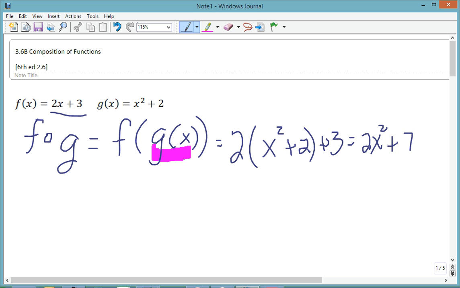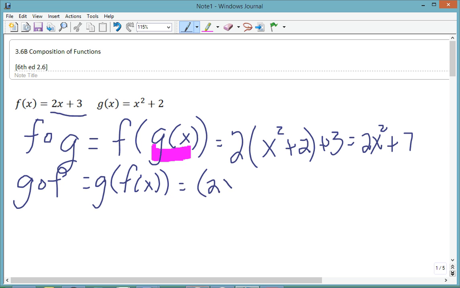Okay? So that's composition, and you notice if I did g composed with f, it would not turn out the same, right? I would have f now being plugged in. So now I'm going to take f, plug it into g, so 2x plus 3 all squared plus 2.